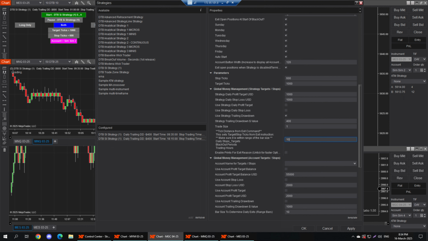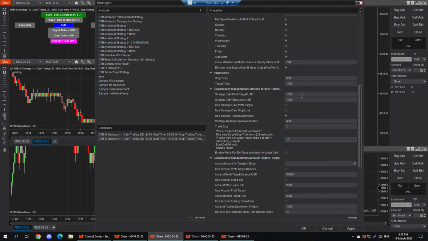So I've put this in place so that the stops and targets reposition themselves instead of additional orders. Because sometimes what happens is, when the NinjaTrader order management system is handling positions, if you've got stop ticks on the same bar as the exit for daily profit target or daily stop loss, there could be an overfill.